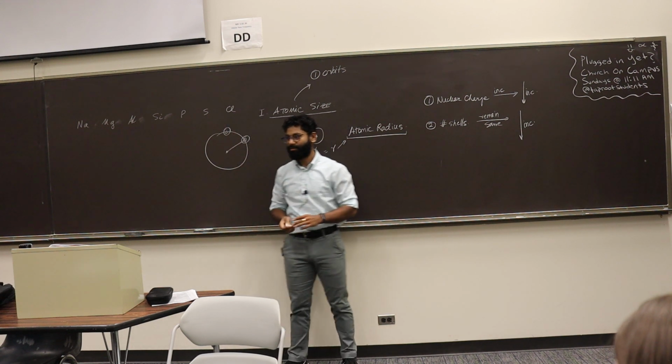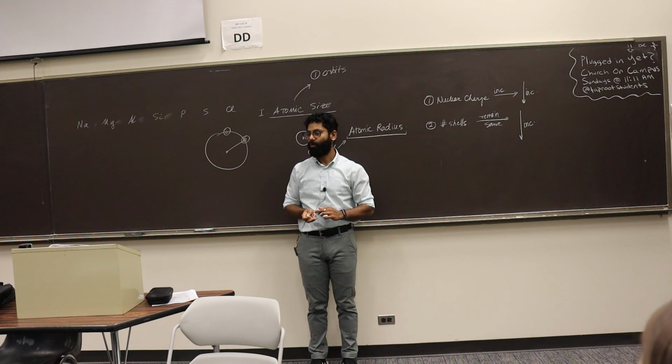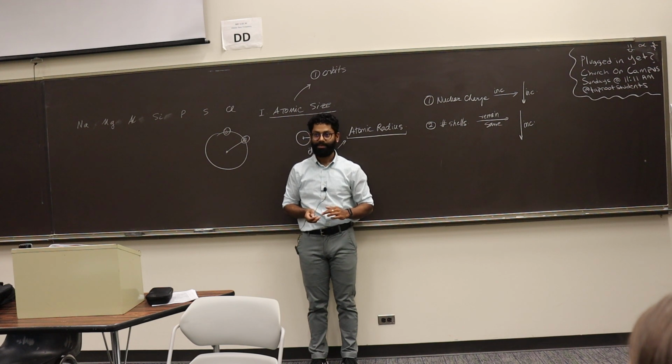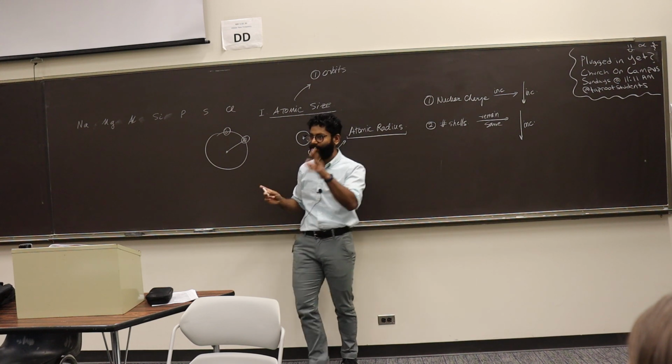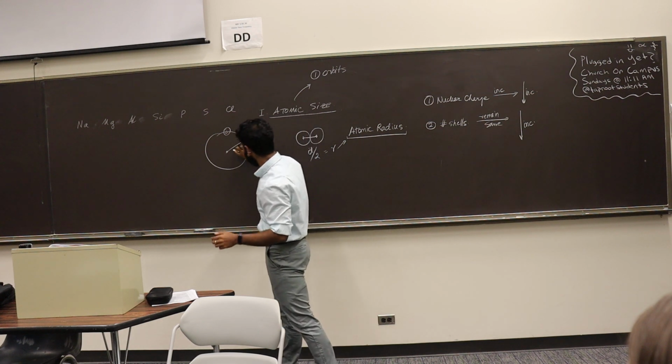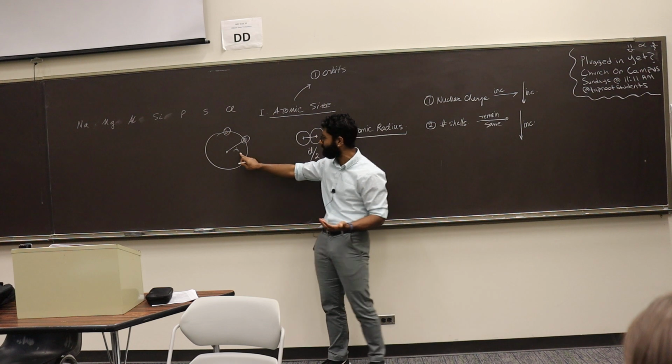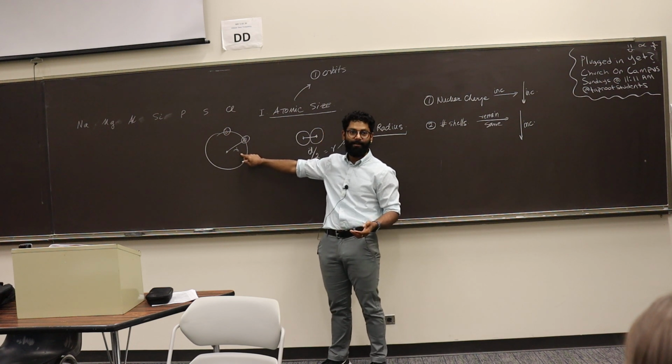Hunter, does that sound correct? So what does it depend on? You said electrons, Courtney said protons. Anyone can chime in. When you're thinking about size, you're essentially thinking about this radius, half of that distance.